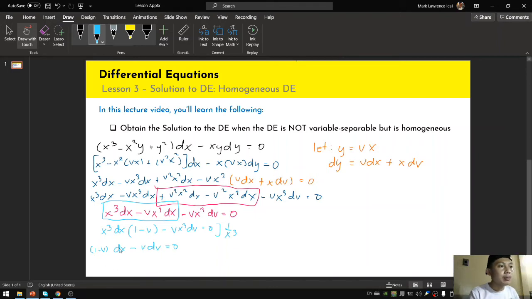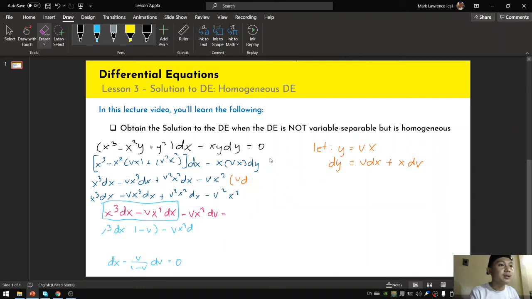Okay, so may kasama pa ang dx which is yung 1 minus v, so divide by 1 minus v. Okay, so dx minus v over 1 minus v dv equals 0. Whew! Okay, so are we done yet? No, we're not done yet. Sorry. Ito yung medyo mahaba. Ito talaga yung problema sa DE, masyado siyang mahaba, lalo yung homogeneous.